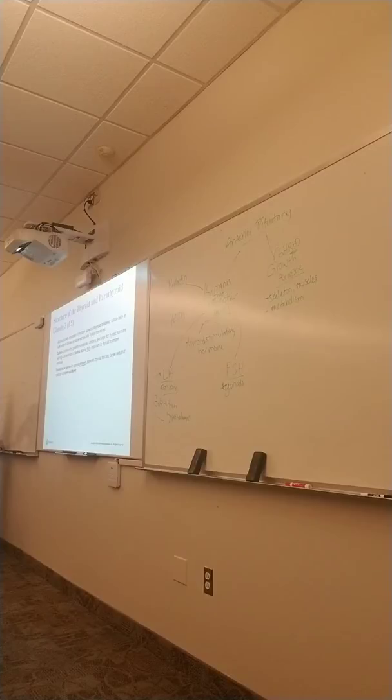Parafollicular cells are the cells that don't surround the follicle, that don't surround the colloid. So they would be like these guys here. Sometimes these are called C cells. They secrete calcitonin.